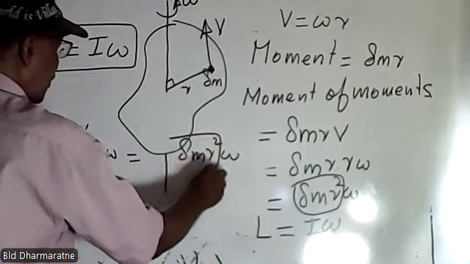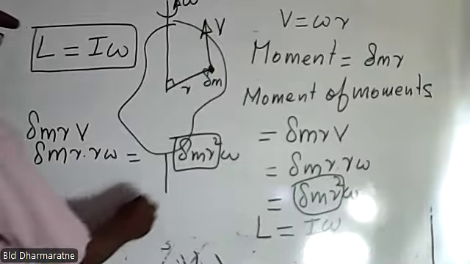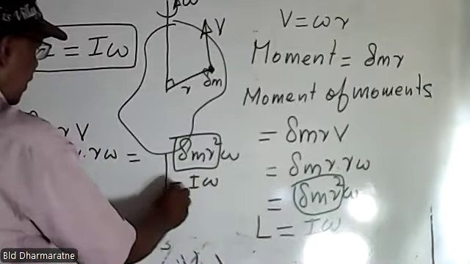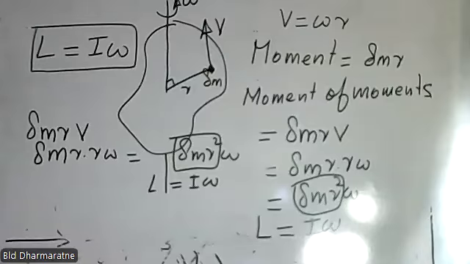Delta m r squared is the moment of inertia about the axis. This can be written as I omega, which will be L. L equals I omega.